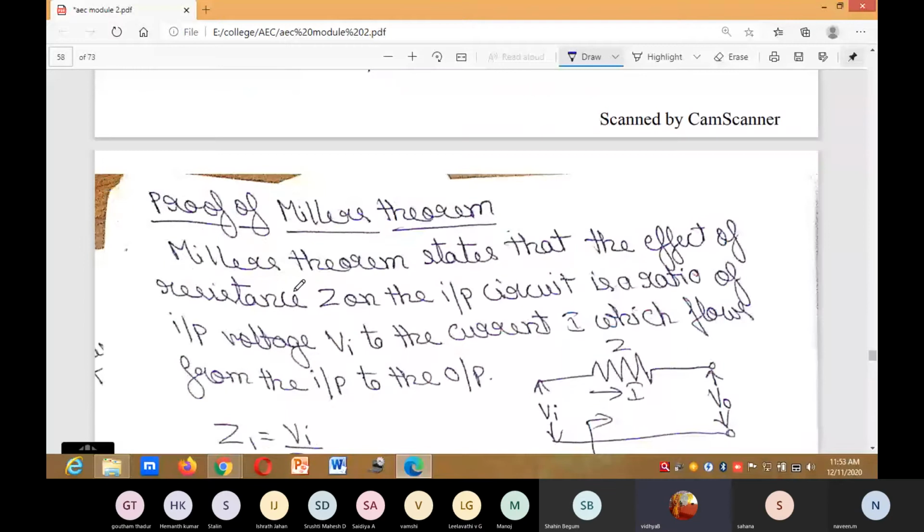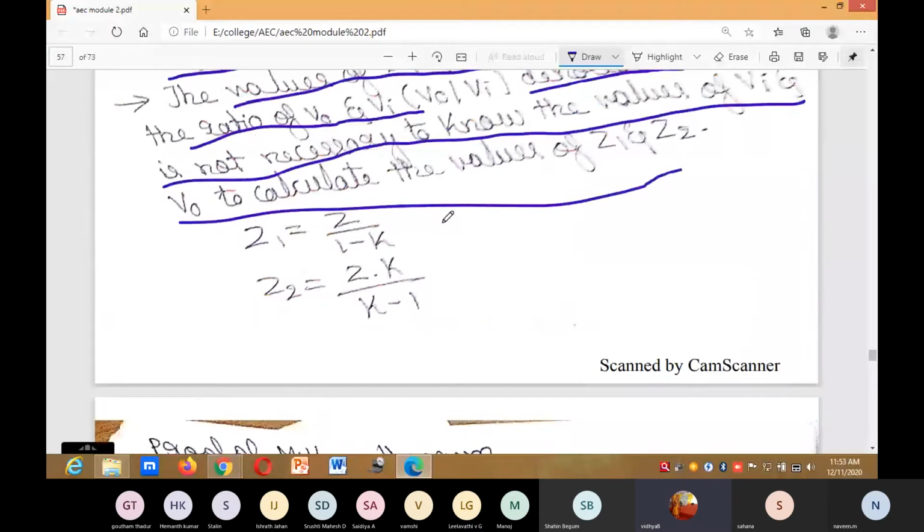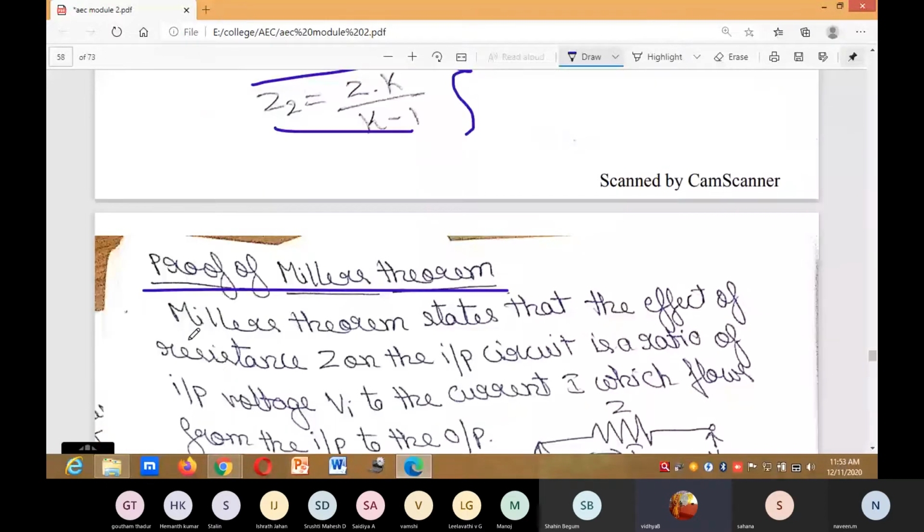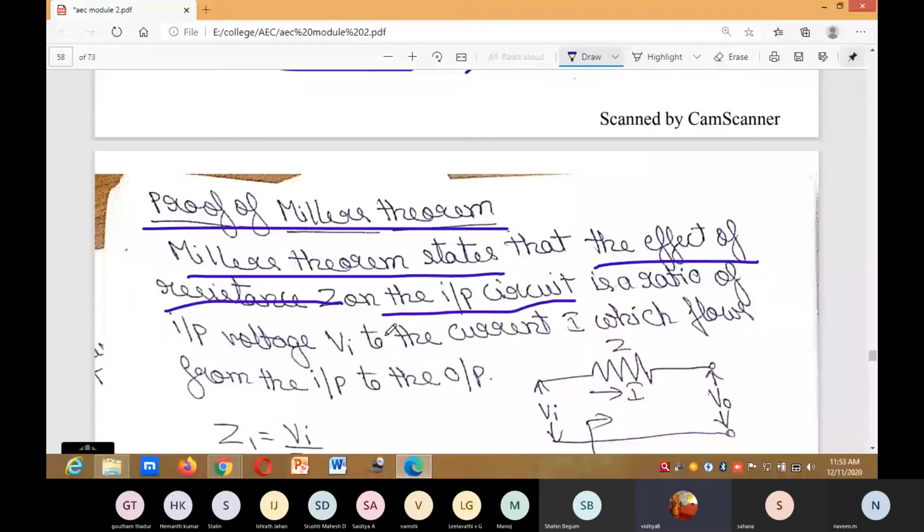Proof of Miller's theorem. How did we get these equations for Z1 and Z2? We shall prove that. Miller's theorem states that the effect of resistance Z on the input circuit is the ratio of input voltage Vi to the current I, which flows from input to output.